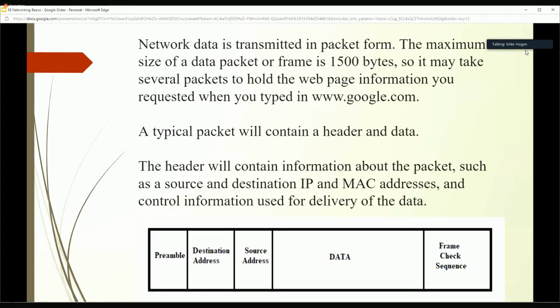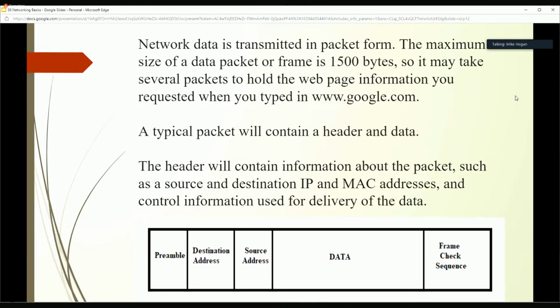When we think about network data, the way it's been transmitted, you'll hear a couple different terms for what's being transmitted across the network. You may hear it referred to as a packet.